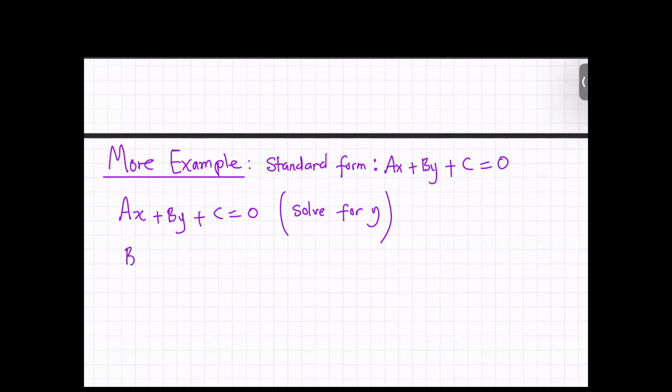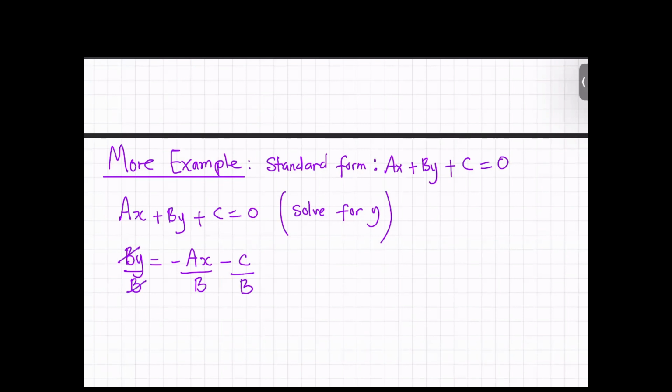To solve for y, just keep by on this side, and then move the other terms over. So this is going to be ax. Whenever you move a positive term over the equal sign, it changes to a negative, and then this is going to be c. I want to solve for y in this case, so go ahead and divide both sides by b.